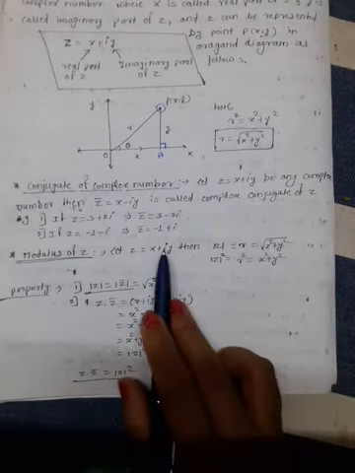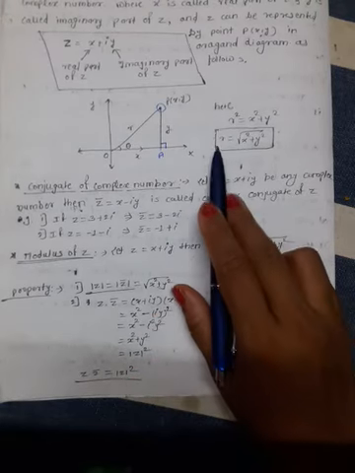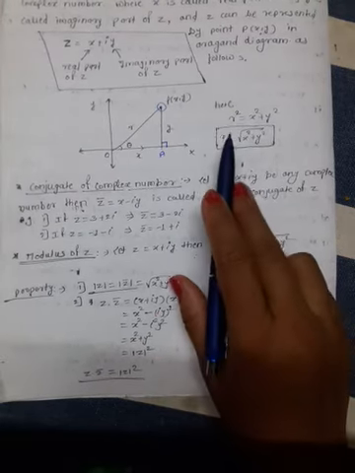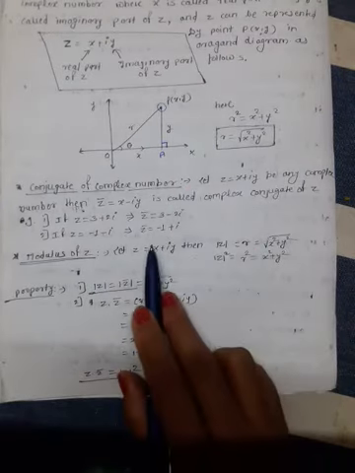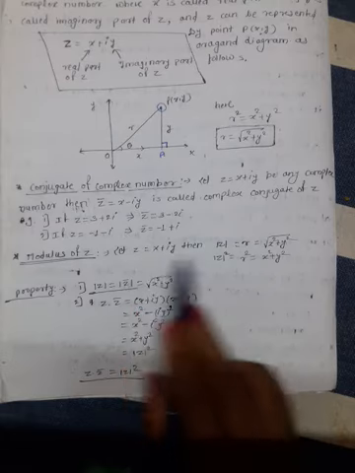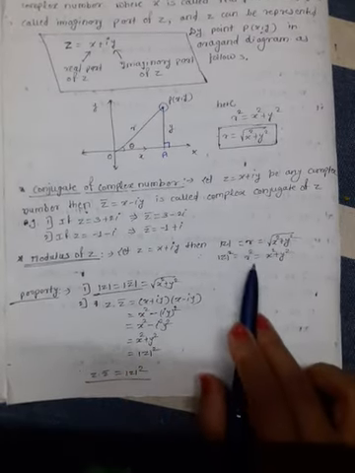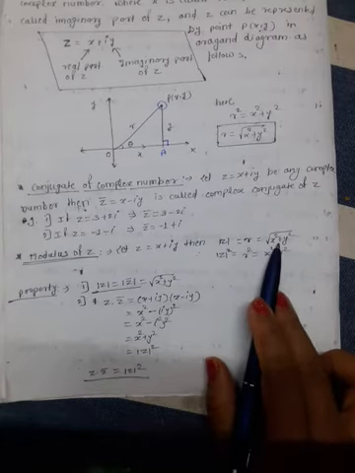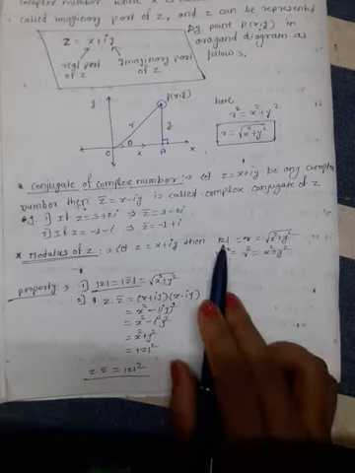That's why this number squared plus this number squared, and this we know is r. This r is called the modulus of this complex number z. Taking the square on both sides, we get |z|² = r² = x² + y², as the square and square root cancel.